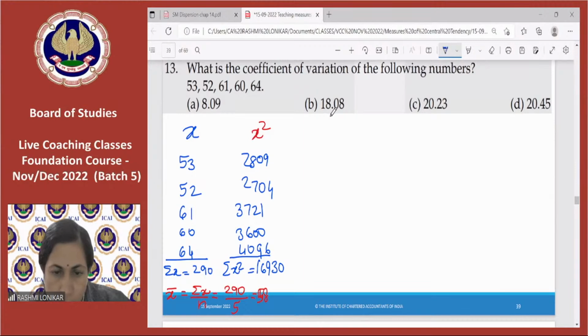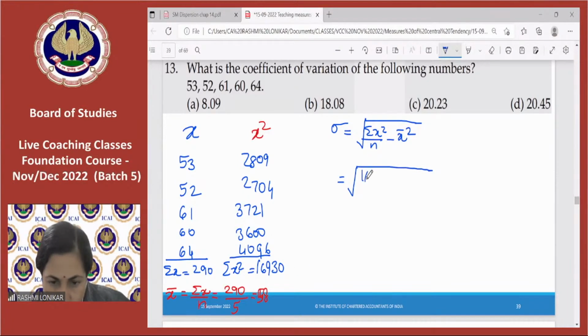So now what is the formula? The formula says sigma is equal to square root of summation x square upon n minus x bar square, which is equal to under root of, what is the sum? 16930. How many numbers are there? 1, 2, 3, 4, 5. So 5 minus x bar, which is 58, so 58 square.